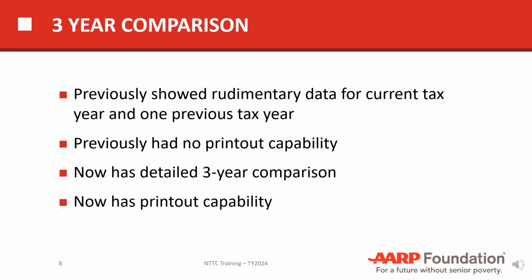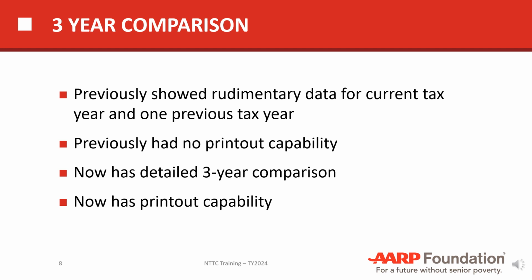And last year it showed very rudimentary data, just very simple things, but it was useful because if there was a noticeable difference between the prior year and the current year, then you had the opportunity to ask the taxpayer, why is this the way it is? Why is it different than last year? And you can oftentimes discover that either there was a mistake in the data entry that you did or whatever, but without the comparison, you really had no way to know.